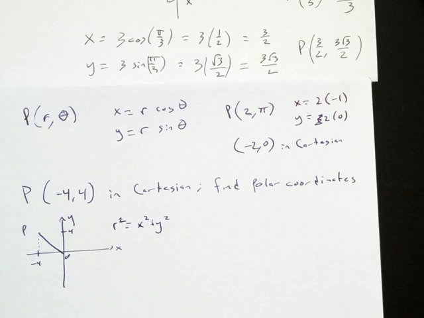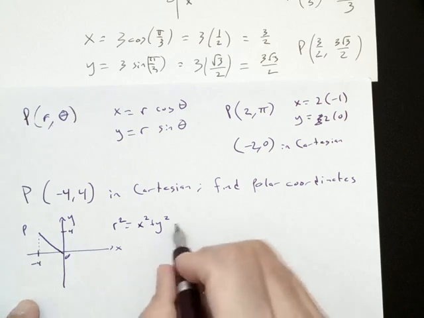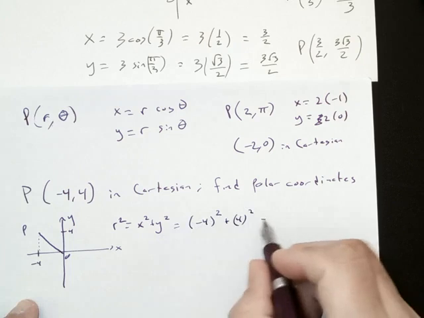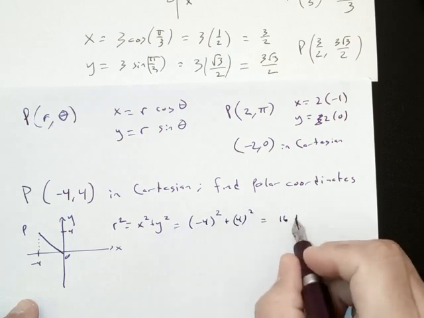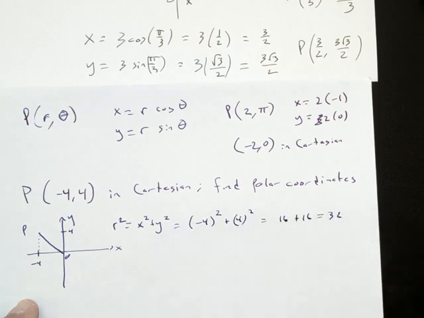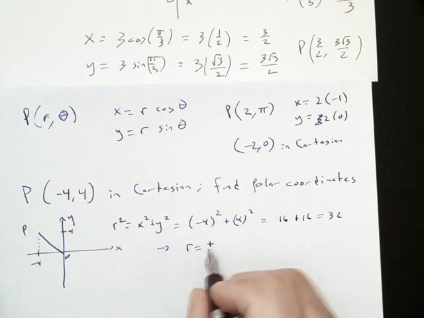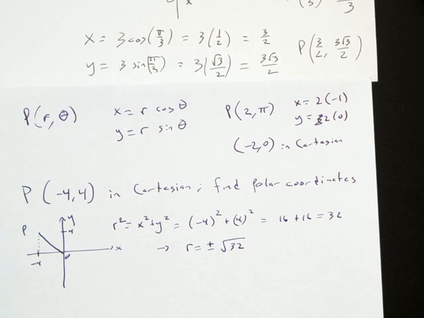And in this case, I get r squared is 32, which means I have a choice to make.